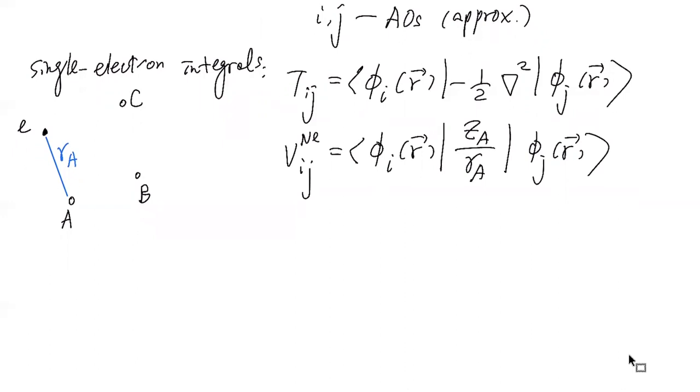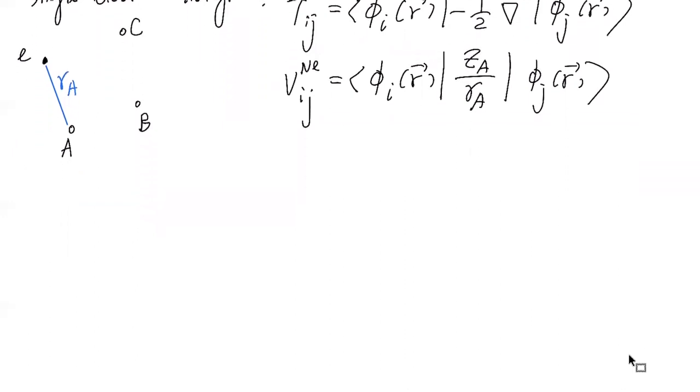But other than single electron integrals, you can have two electron integrals, because you have multiple electrons. For instance, typically VEE, the electron-electron interaction.